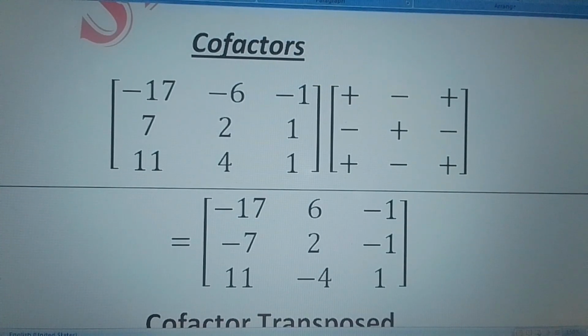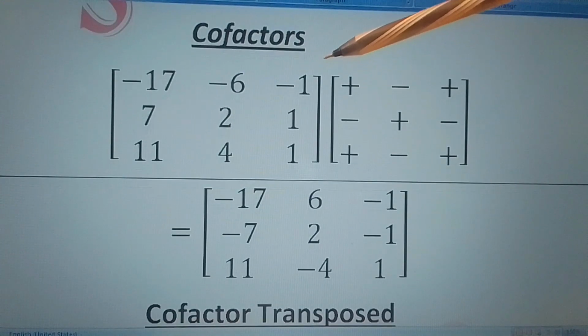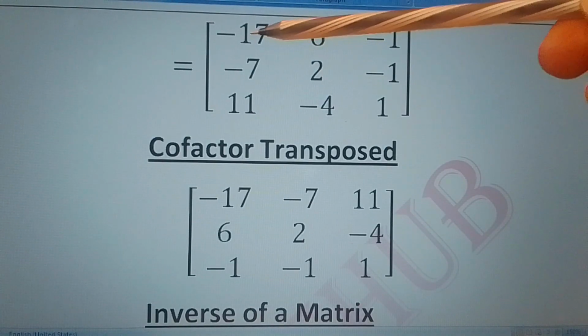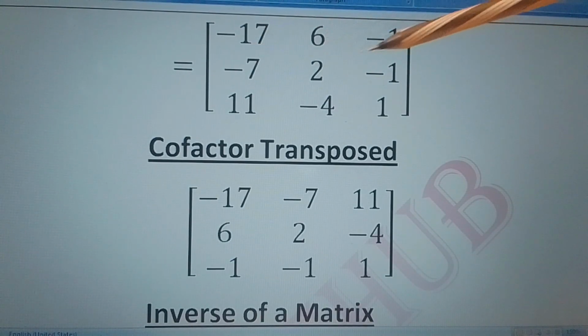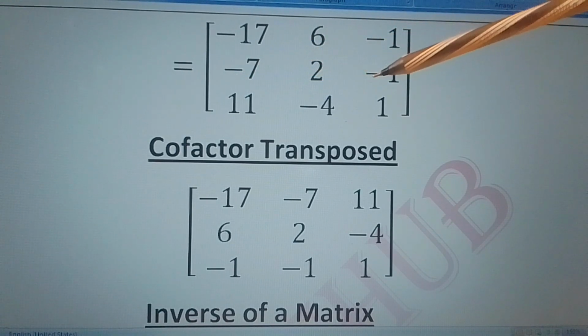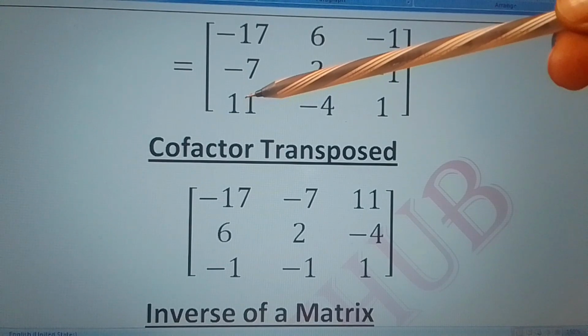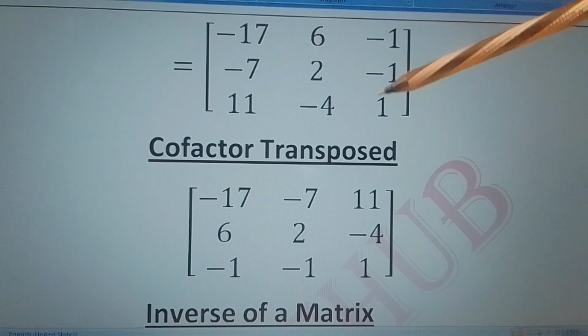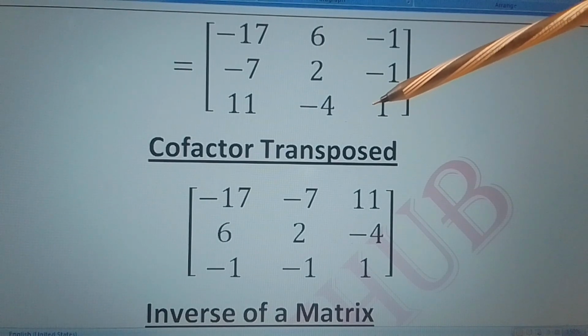Here we will go straight to the point. Solving that cofactor will give us the final one to be negative 17, 6, negative 1, negative 7, 2, negative 1, 11, negative 4, 1.